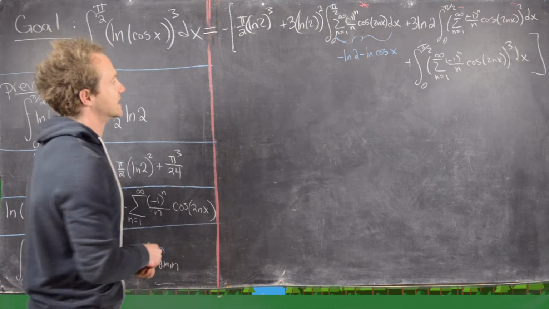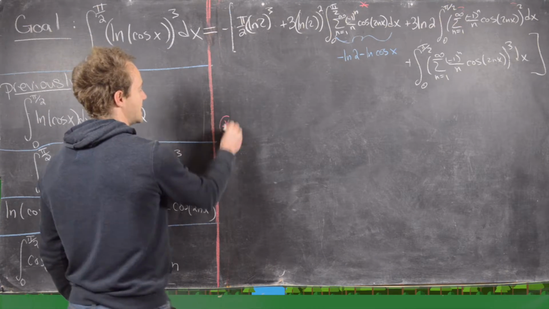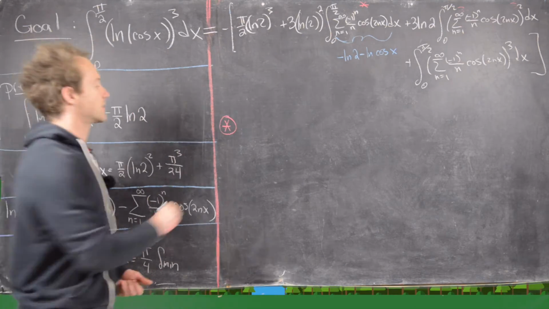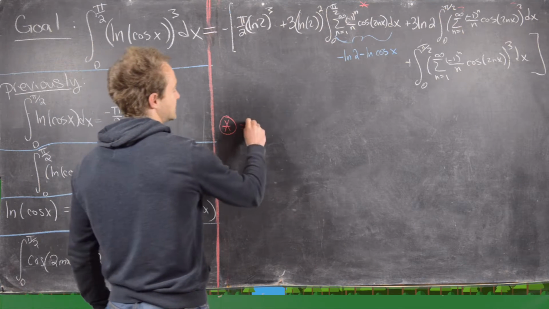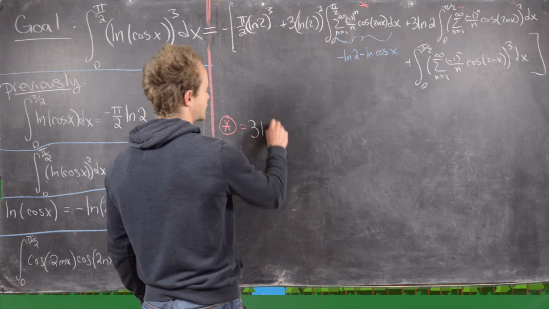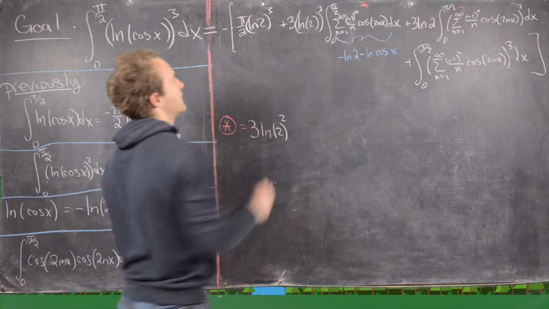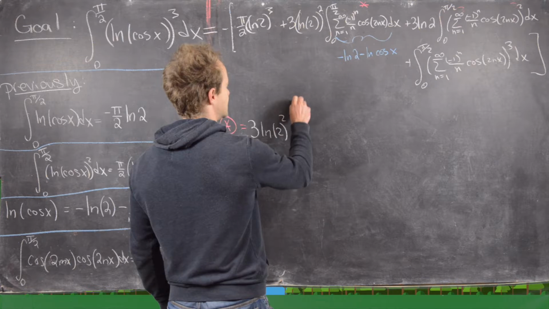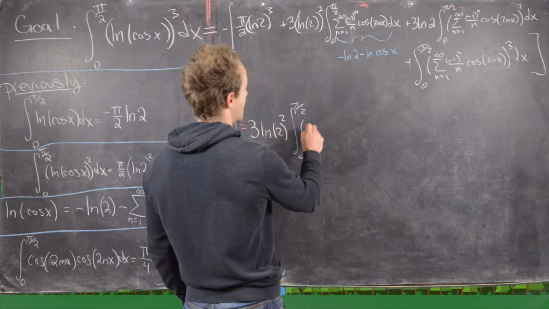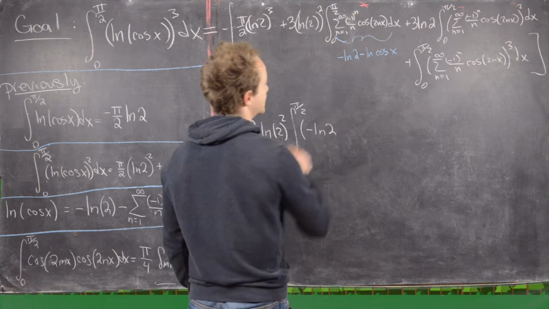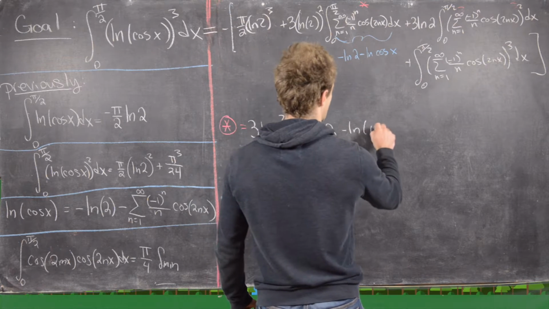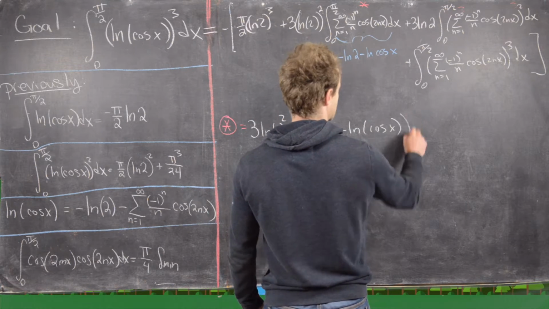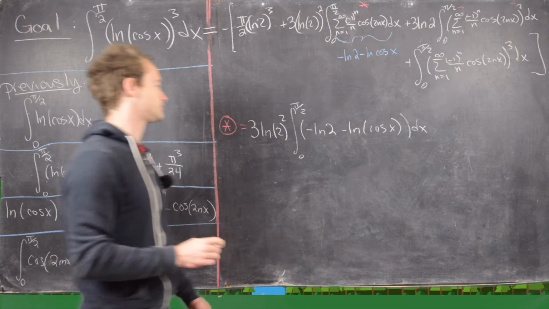And so that's going to make this integral star equal to the following. So this is going to be 3 natural log of 2 squared. I'm going to leave all of that out front. And now I have the integral from 0 to pi over 2 of minus natural log of 2 minus natural log of cosine of x dx.